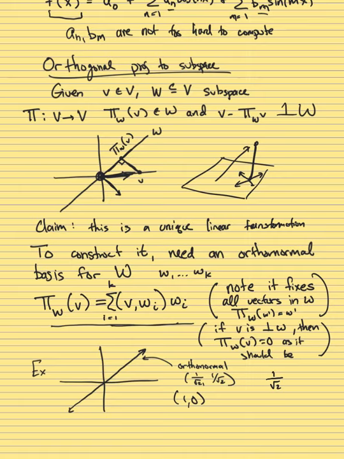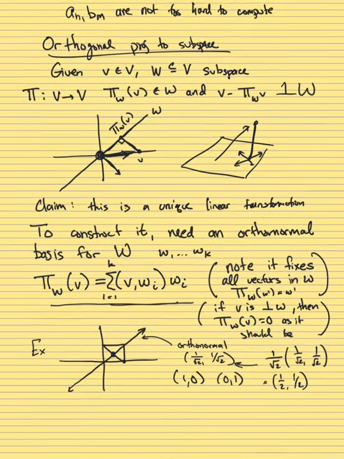That's the inner product of these two vectors. So you're getting that it goes to 1 over root 2 times this vector, right? That's your basis. So you get that it goes to (a half, a half), okay? Which we would have known since the orthogonal projection is going to take it to the center of that square, okay? Same thing for (0, 1), and that determines the linear transformation completely, okay?